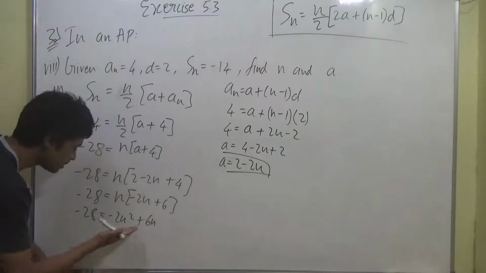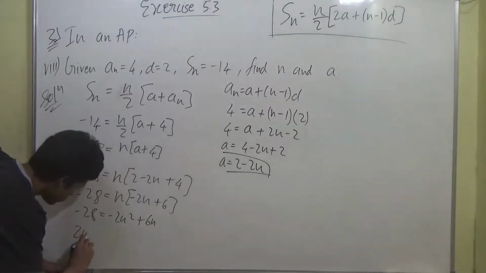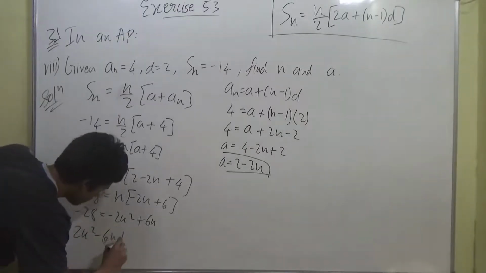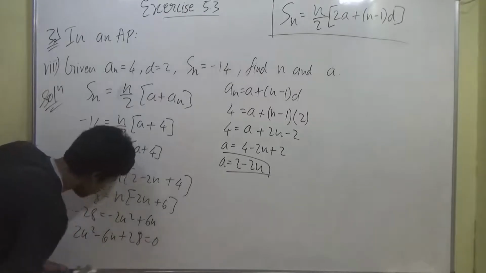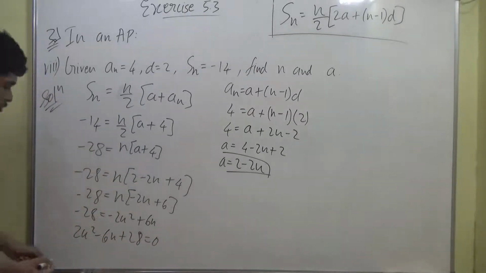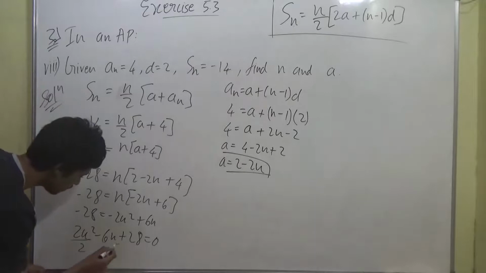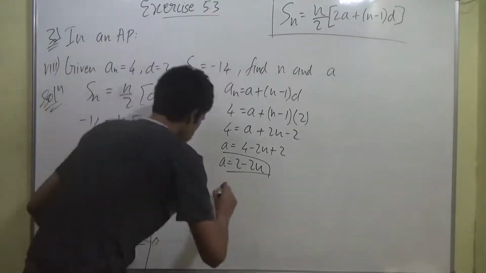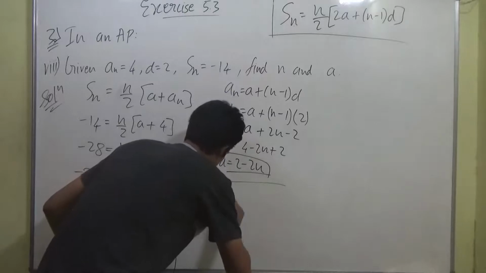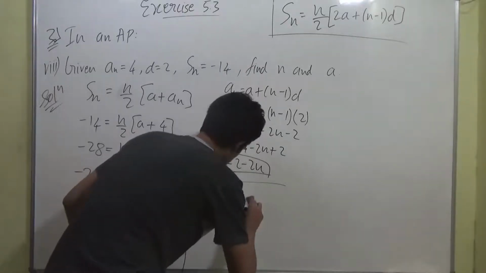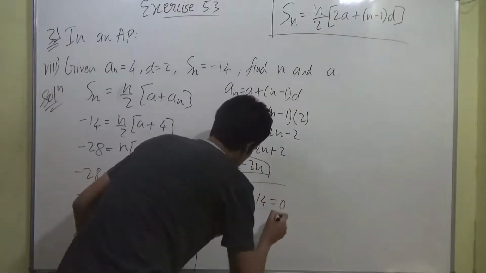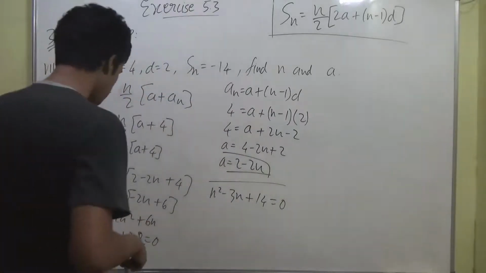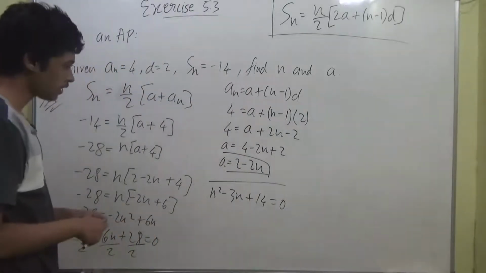Now if I bring both these terms to LHS, it's going to become 2n square minus 6n plus 28 equal to 0. Now if I divide all the terms with 2, because all the terms are divisible by 2, it's going to become n square minus 3n plus 14 equal to 0.